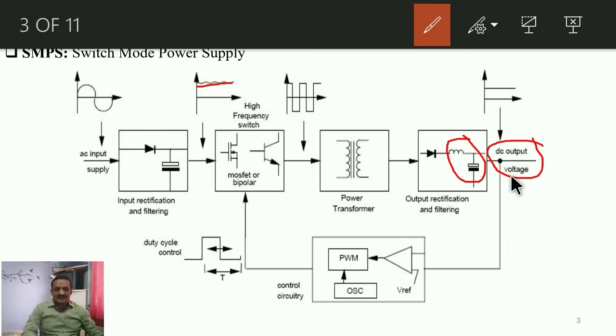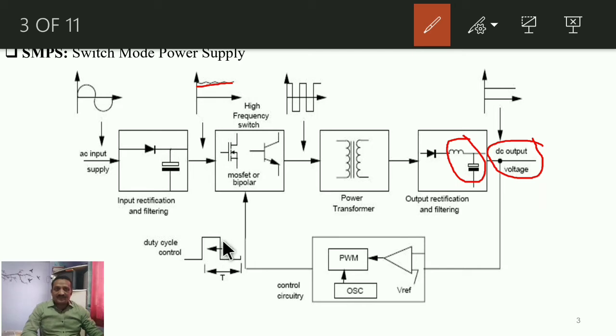Similarly, instead of 10, if the output voltage tries to increase, suppose it increases to 11 volts due to somewhat unbalanced load condition, again the same signal will get detected by this comparator with PWM generator, and it will decrease the on period of that PWM.